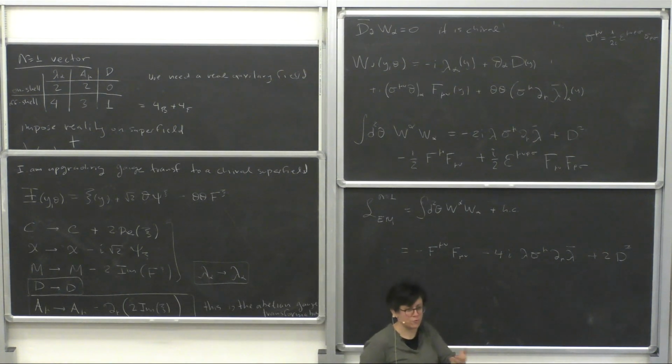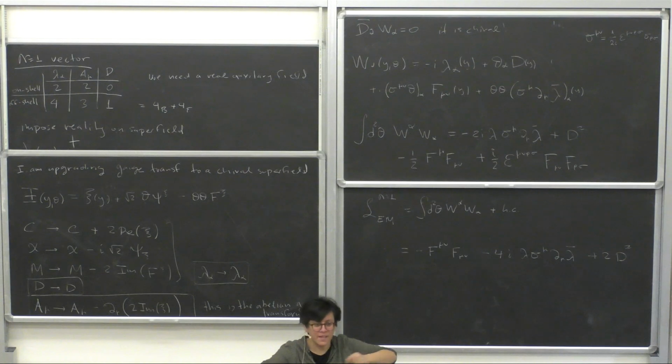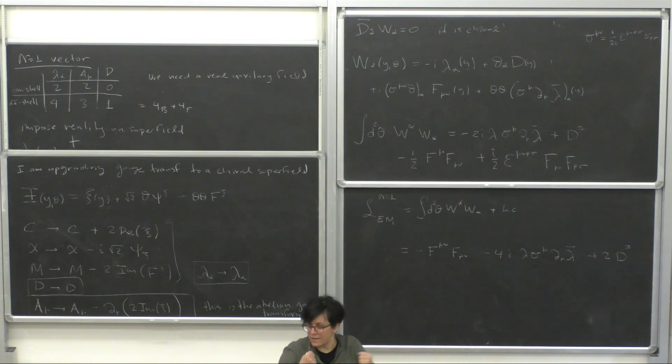He computes Feynman diagrams with that. He shows that if you don't take into account the gauge properly, you will get wrong things. It's very nice.